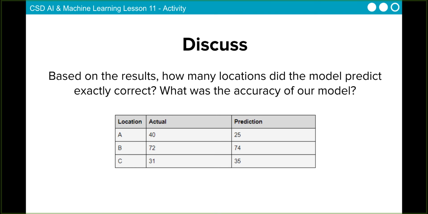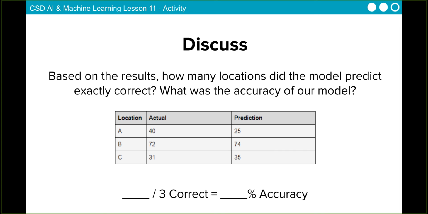All right. What would the accuracy of our model be? So let's see how we determine the accuracy, okay? Based on the results, how many locations did the model predict exactly correct? 0. 0 out of 3 correct equals 0% accuracy.